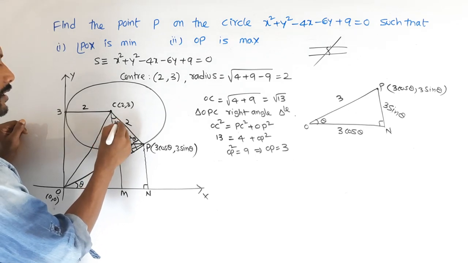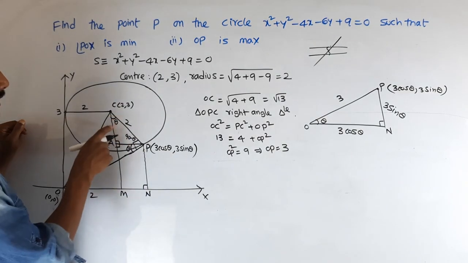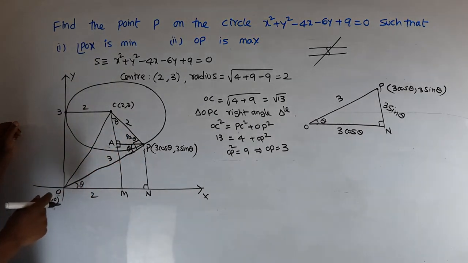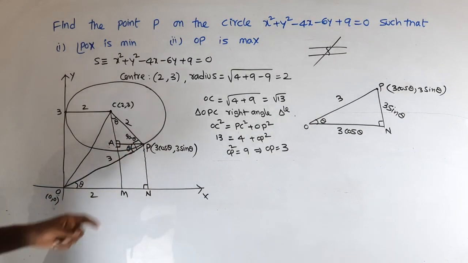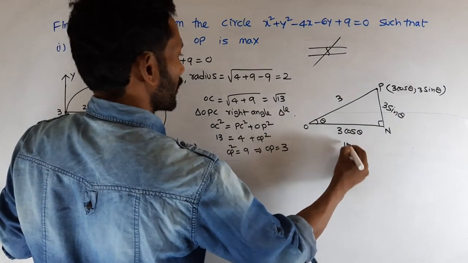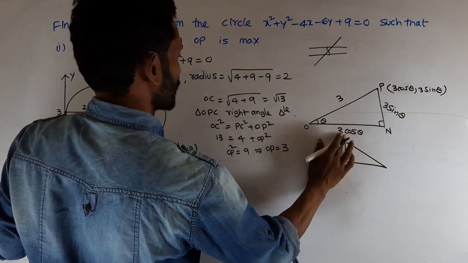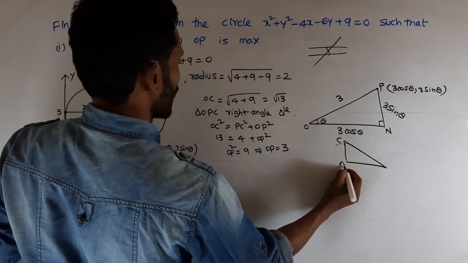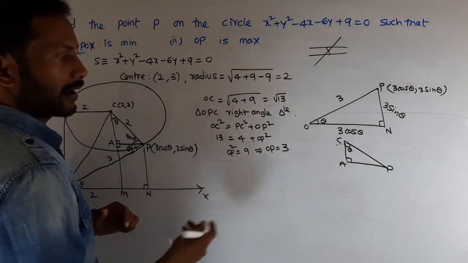In a triangle, the sum of the three angles is 180 degrees. Theta plus 90 minus theta plus 90 is exactly 180 degrees. So we can find AP. Now, this is the center C. Triangle CAP is a right angle triangle.